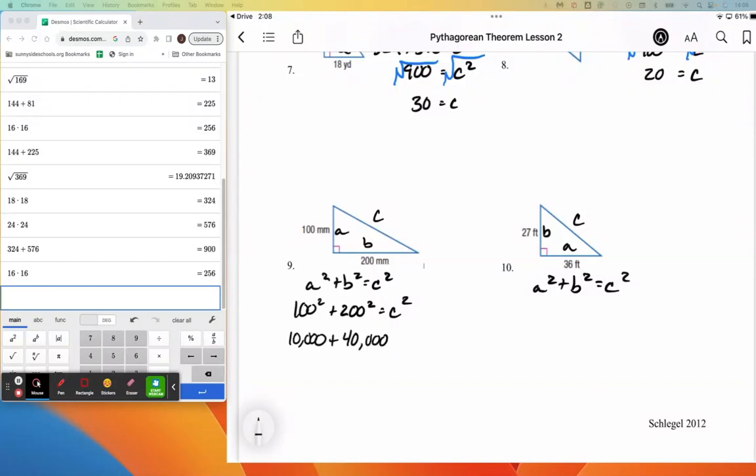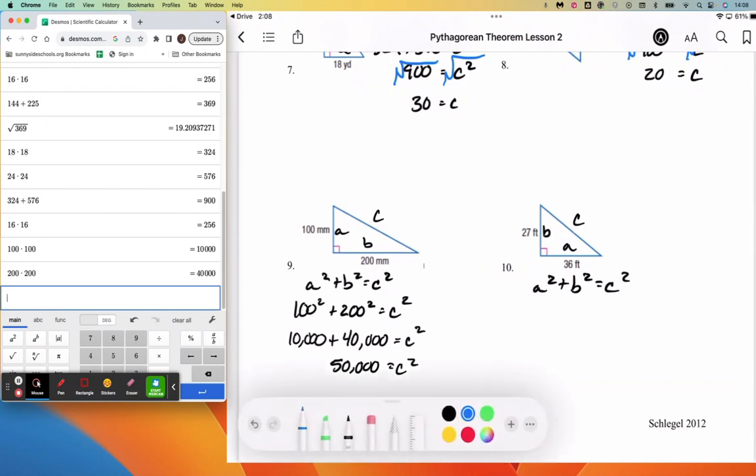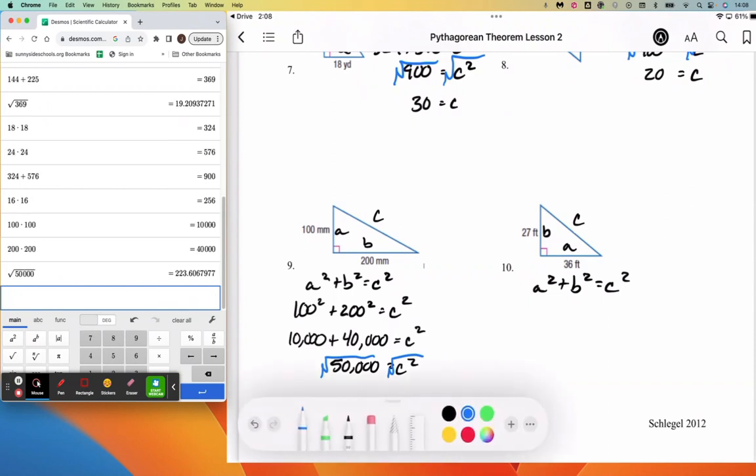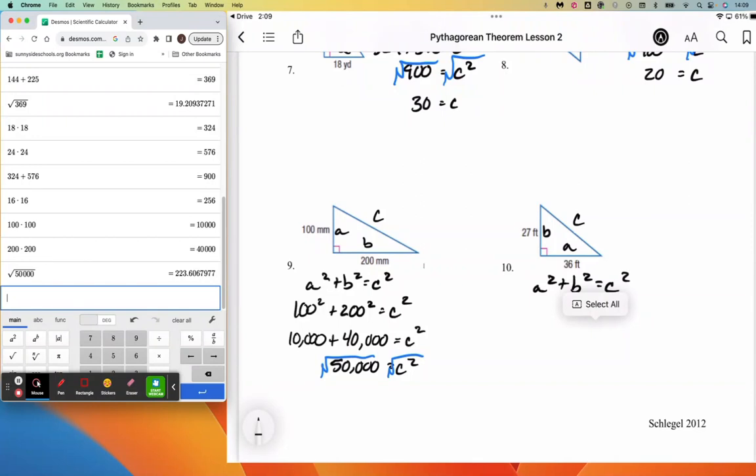I think. I'm just going to double check that. And so 10,000 plus 40,000 is going to be 50,000. The inverse operation of squaring something is to take the square root. So we're going to take the square root of 50,000. We're going to round to the nearest hundredth, so we get 223.61.